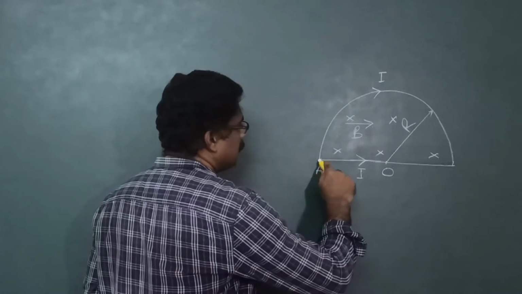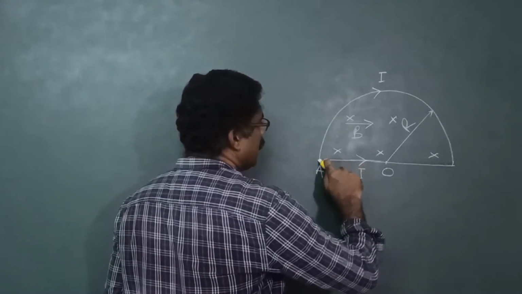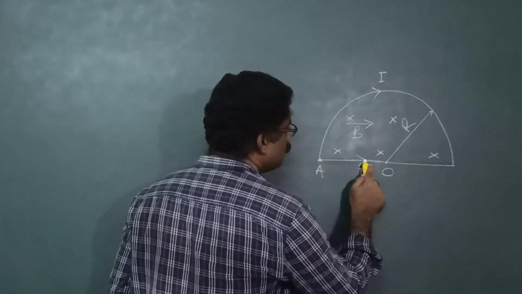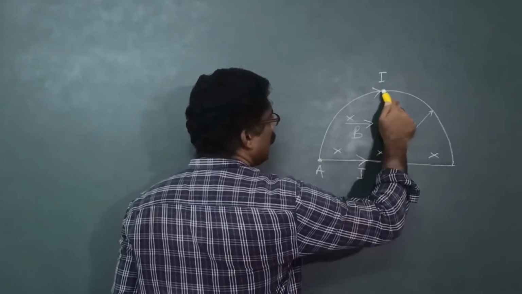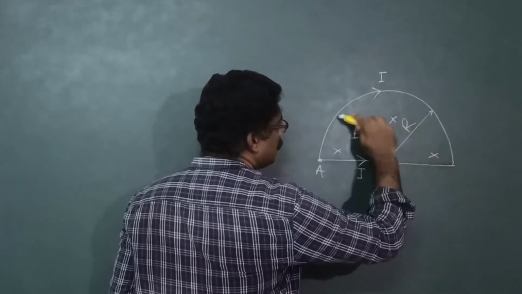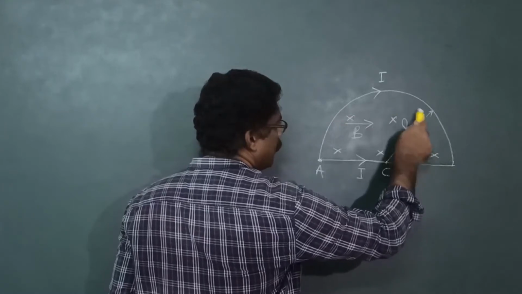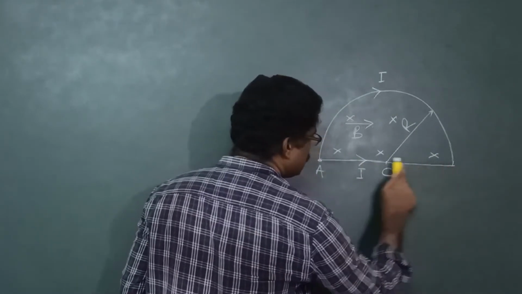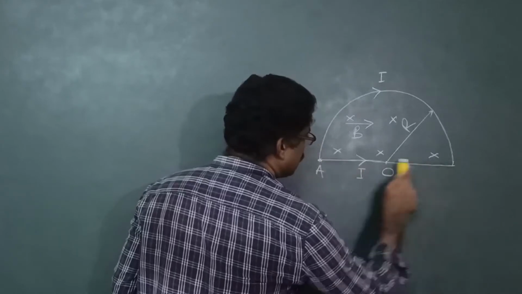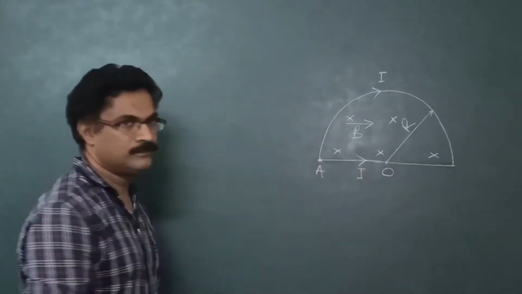From A, the current starts and moves in two directions. One is through this circular arc in the clockwise direction, and in the straight line section, the current is in this direction.